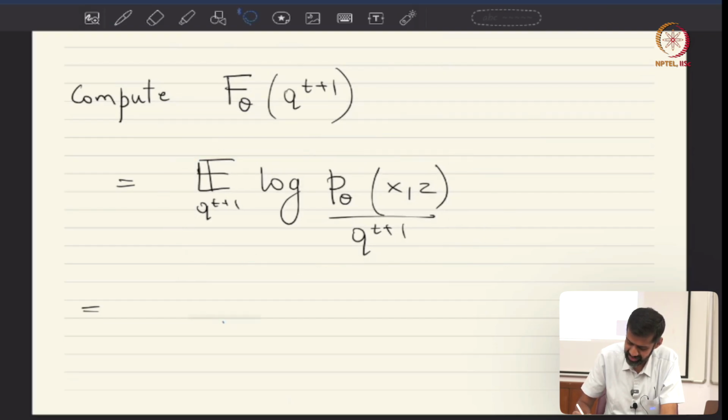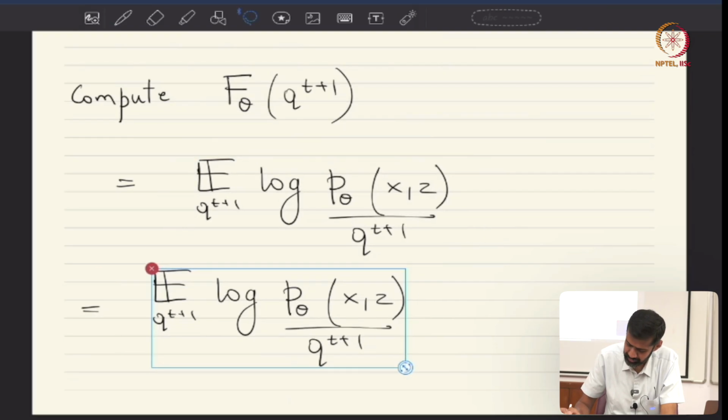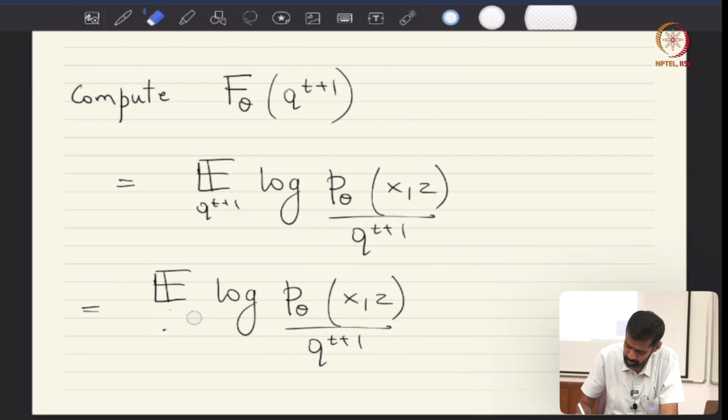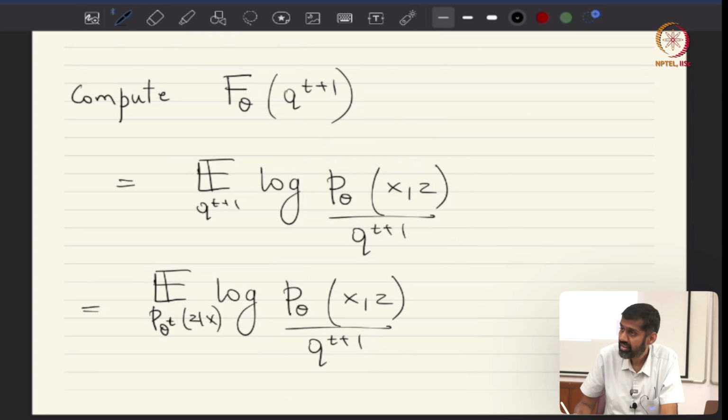Okay, let me write it down. So this q t plus 1 is what? z given x, right? This is what it is. Correct? Yeah.